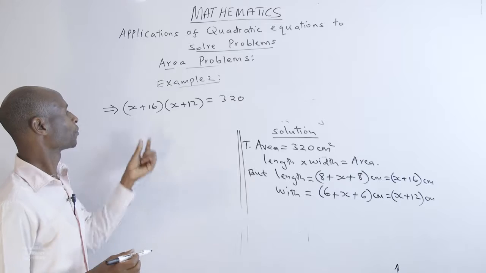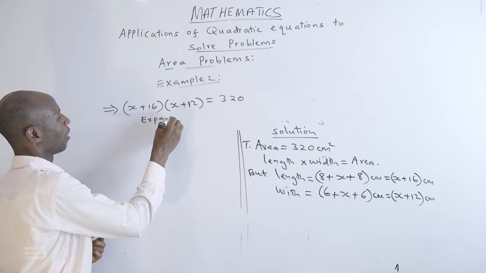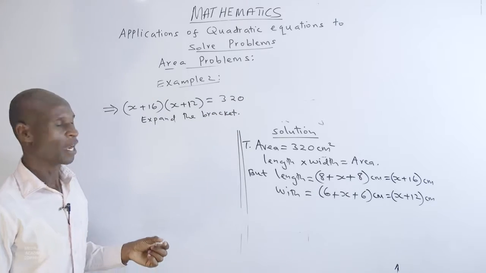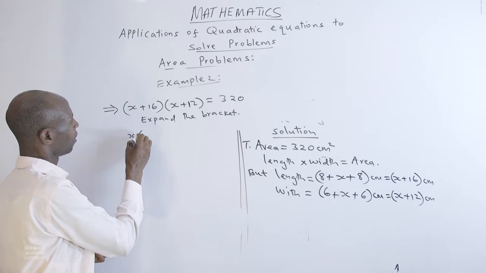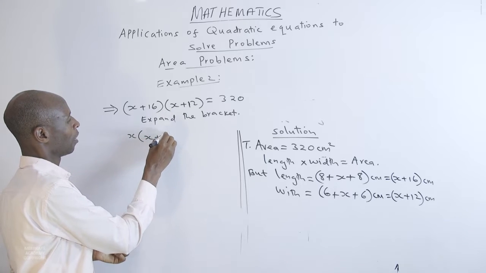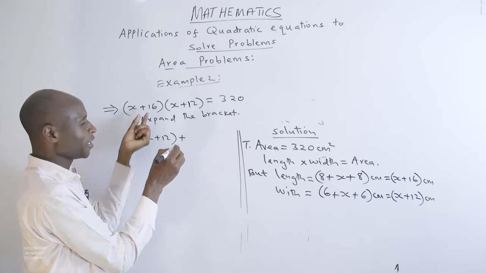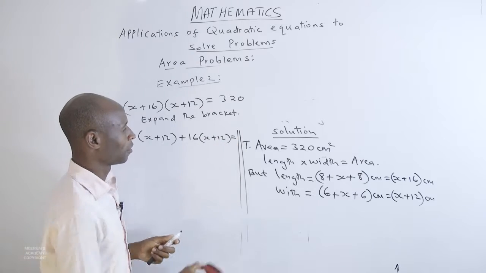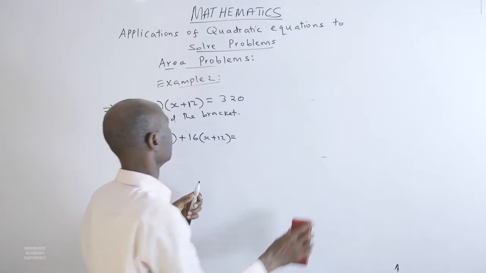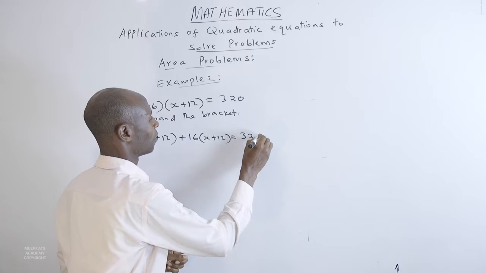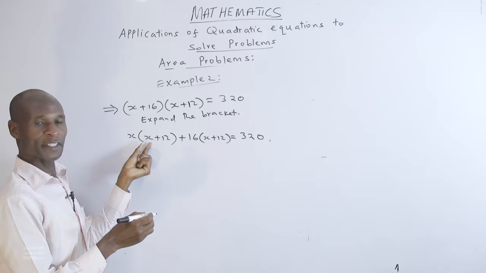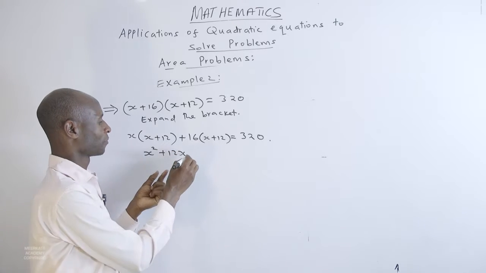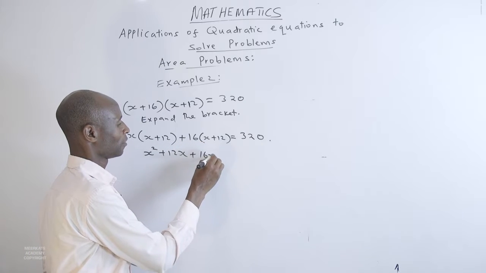Now, at that point, we expand the bracket, that means we open the bracket, on the left-hand side. So in expanding, we take x, multiply by x plus 12, plus 16, multiply by x plus 12, equals 320. x times x is x squared. x times 12, 12x. 16 times x, 16x.